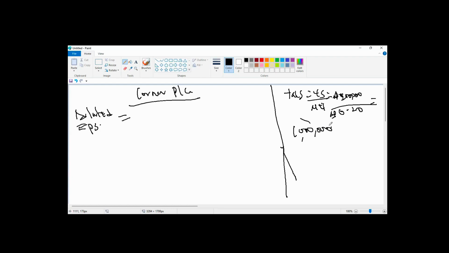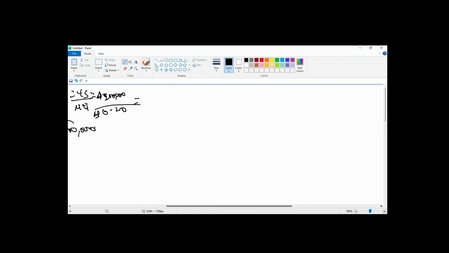He has 50,000 1 naira convertible preferred shares receiving a dividend of 2.5 kobo. For the preferred shares, let me throw more light on it. When you see preferred shares, two things likely happen.